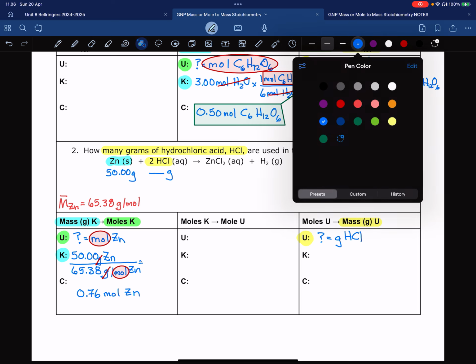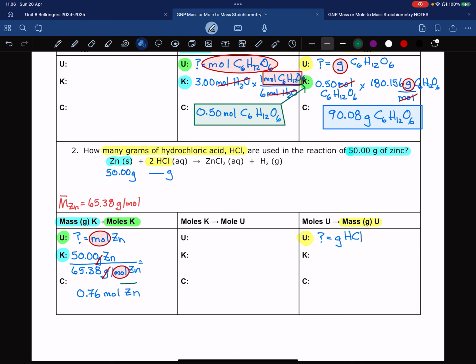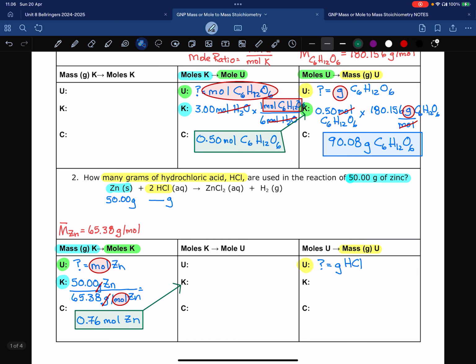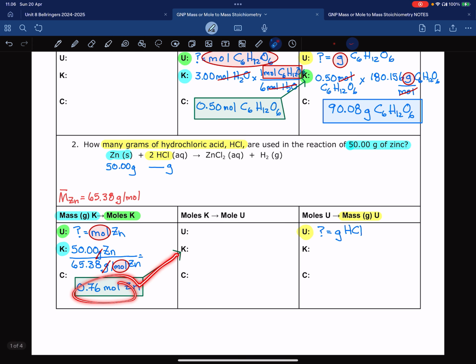So I'm going to use that green box again to show that this is not my final. This is not what I want at the end. But that interim unknown is going to become the known in the next box. Just like we did it here, we're doing it here. This becomes that known. So that known is now going to be 0.76 moles of zinc.